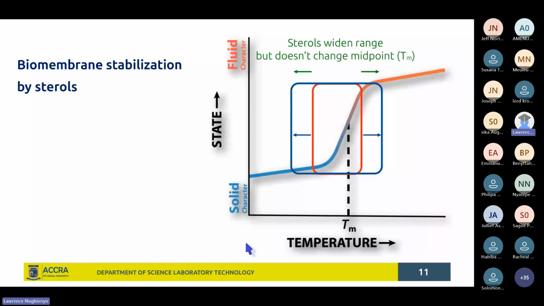Now, what sterols come in here to do in terms of stabilization of the membrane is that, as you see, you have the region around the midpoint, that is the transition temperature. You have that region extended by the sterol.